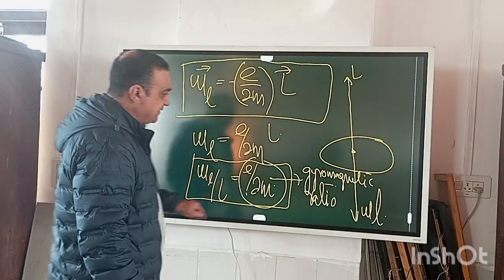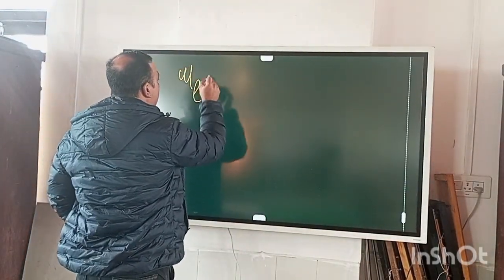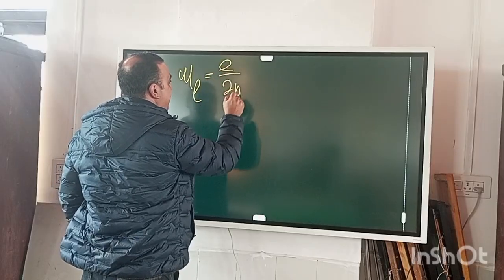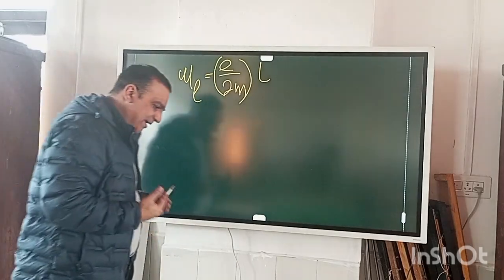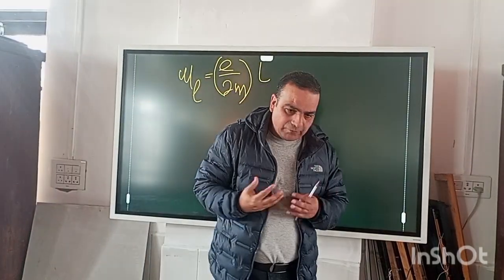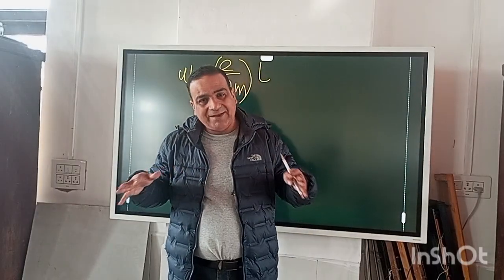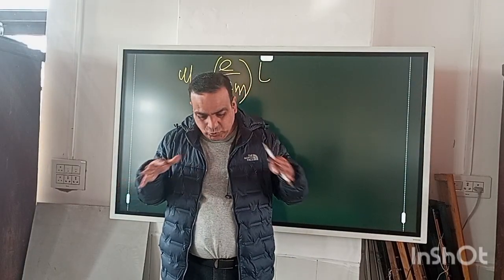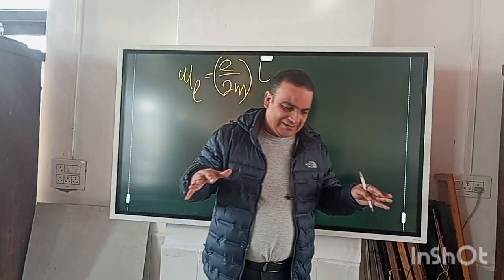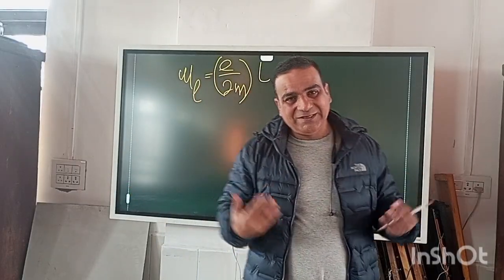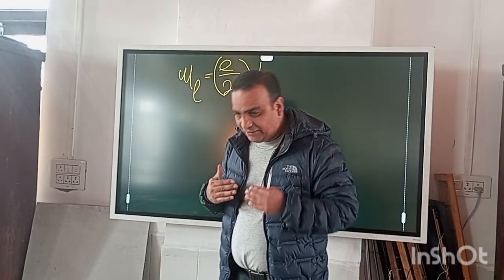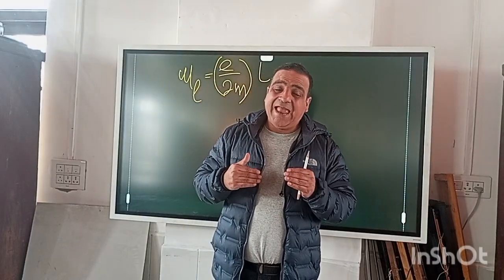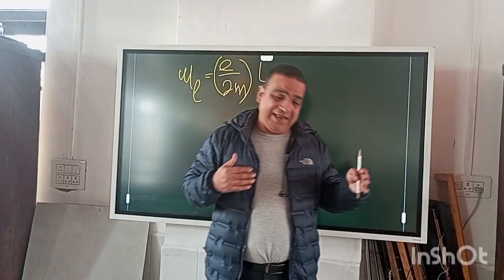And if I again write down this mu L, it is E by 2m times L. Because we know that the electron revolving around the nucleus has two dynamical states involved in it. One is the orbital angular momentum and another is the spin angular momentum. Again, I would like to make a caution here. The spin angular momentum is not a classical analog here.